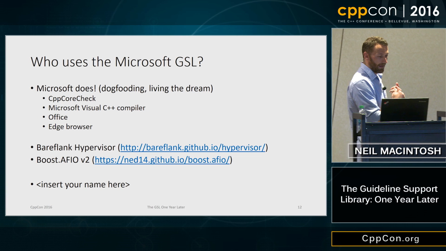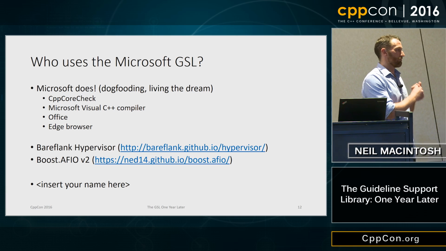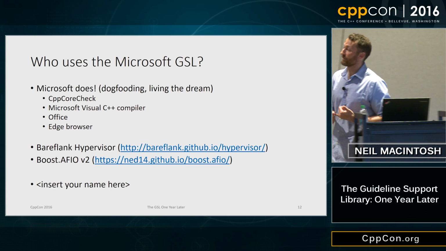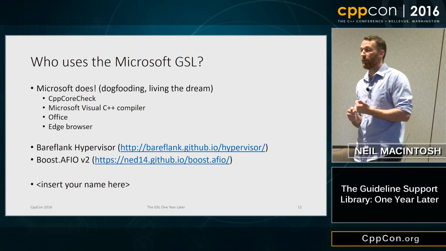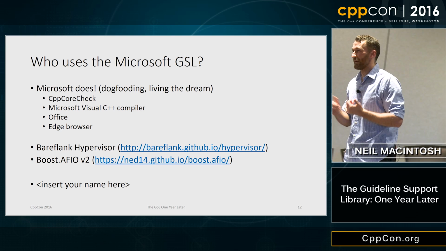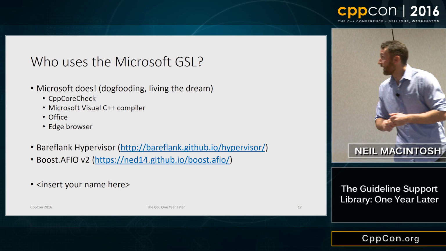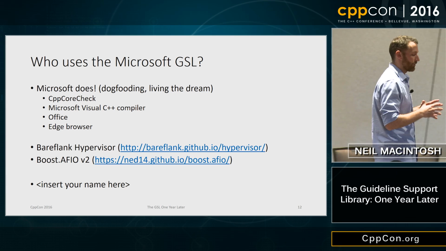There's the Edge HTML browser, which you get as a fantastic new thing on Windows 10. It also uses GSL in some key parts, like, from memory, cascading style sheet parsing and all those sorts of core parts of it. And they're looking to expand their adoption as well.